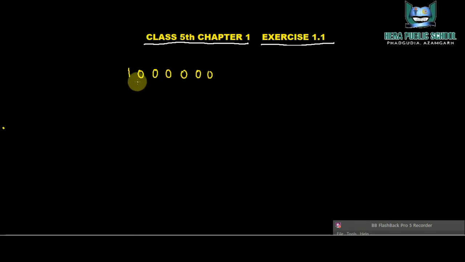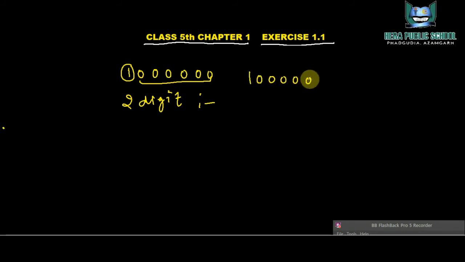So this is 2 digits, but we have to put 3 different digits, but the number should be in smallest form. So 1 0 0 0 0 0 1 2 3 4 5 6 7. So this is the first digit and 0 is the second digit and 2 is the third digit.